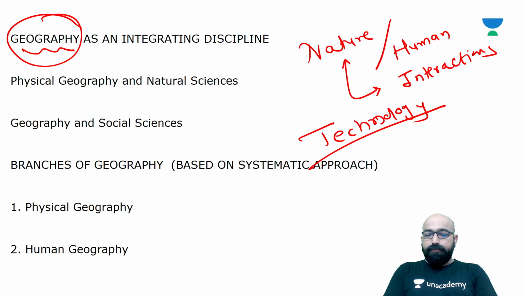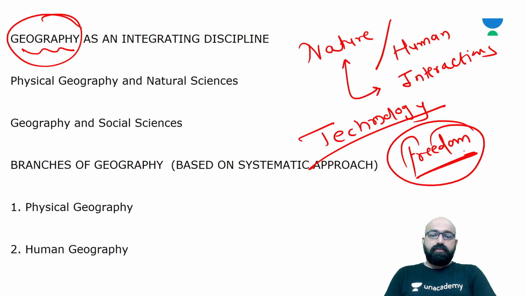Human beings moved from the stage of necessity to the stage of freedom. Now they have put their imprints everywhere and created new possibilities in collaboration with nature. Thus, we now find humanized nature and naturalized human beings in geography, where we study this interactive relationship.